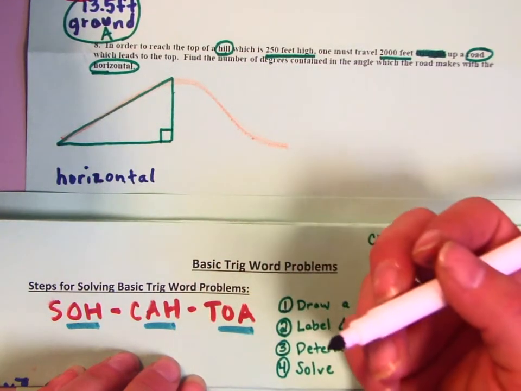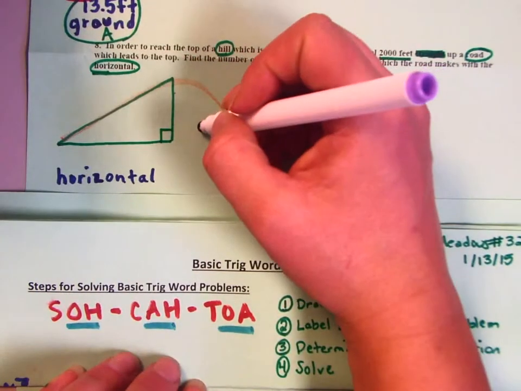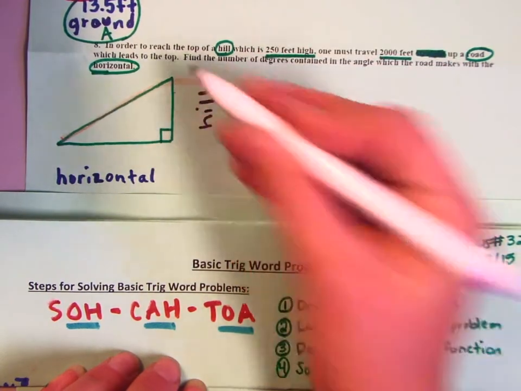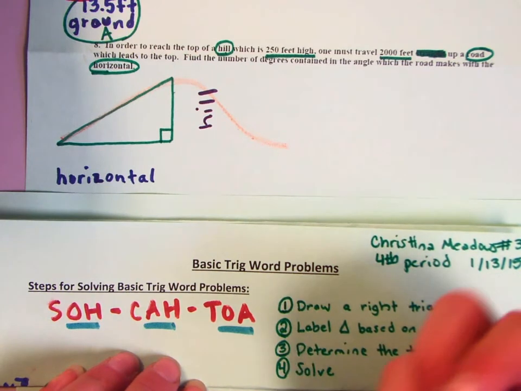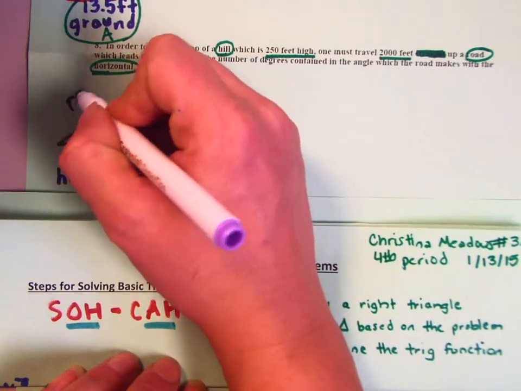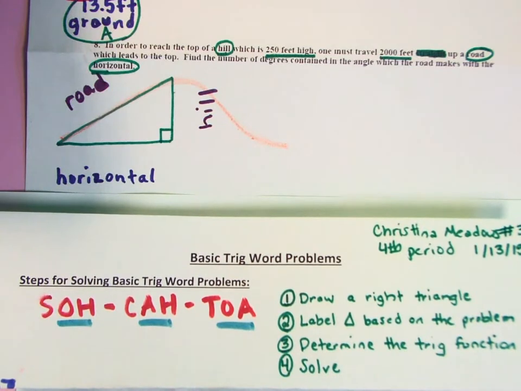So which side is going to represent the height of my hill? The vertical side. It's going to the top of the hill. That means which side is going to be my road? The diagonal. And when you finish labeling, go back and make sure it makes sense.